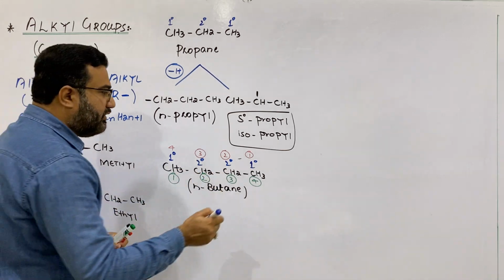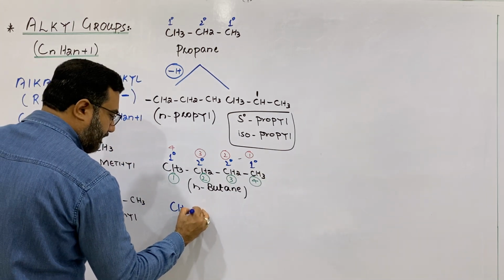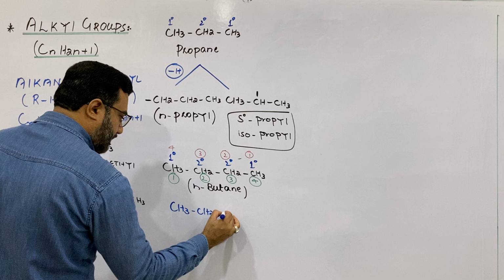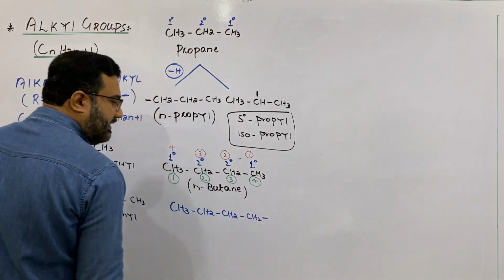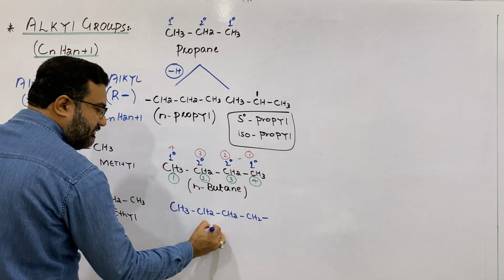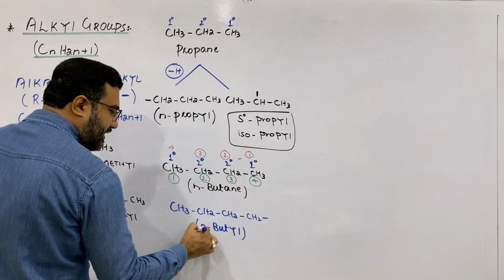So if hydrogen is removed from any terminal carbon, then such kind of butyl will be called as N-butyl.